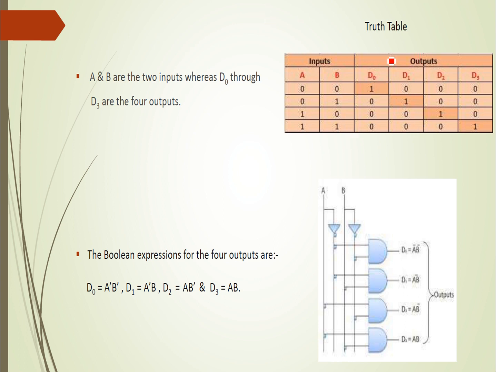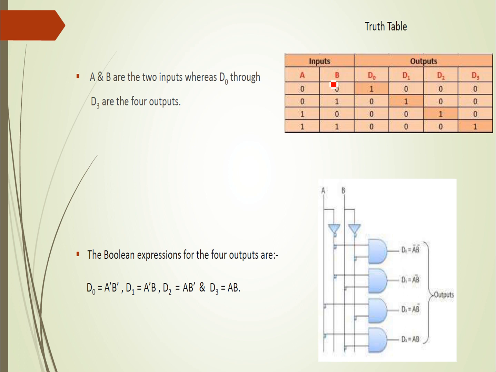And this is the truth table of 2 to 4 line decoder. So here A and B are the inputs, D0, D1, D2, D3 are the outputs. 2 inputs, 4 outputs. And depending on the input codes, only one output will be high at a time.